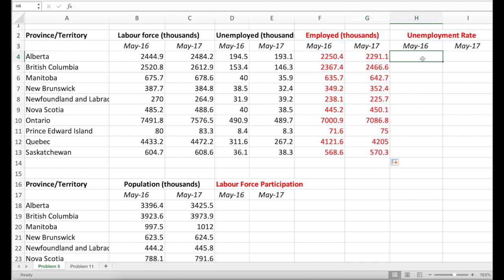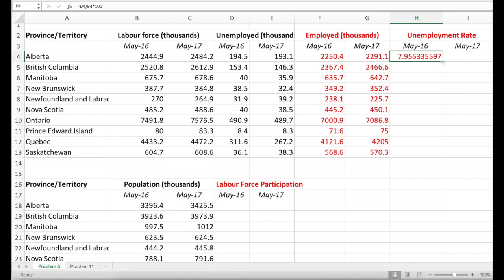And in the later part of the question, we have to calculate the unemployment rate as well. This was the unemployed people divided by the labor force. So for 2016 in Alberta, I put the number of unemployed people in the numerator, and I divide that by the people in the labor force for Alberta. And actually, let's multiply that by 100 to get the unemployment rate.